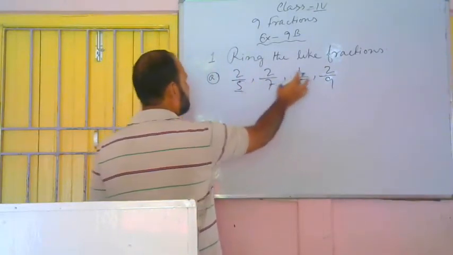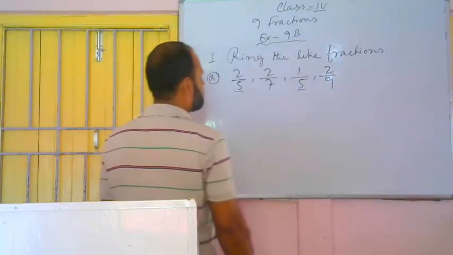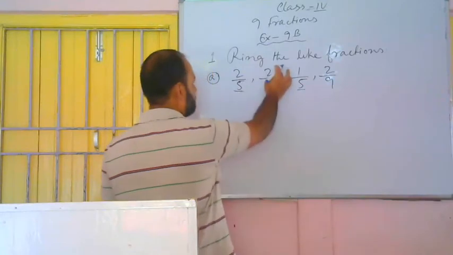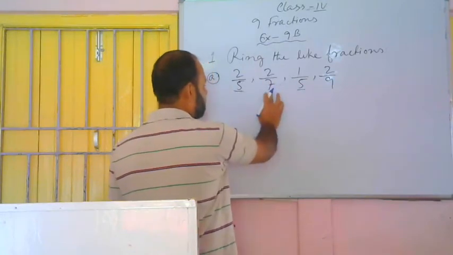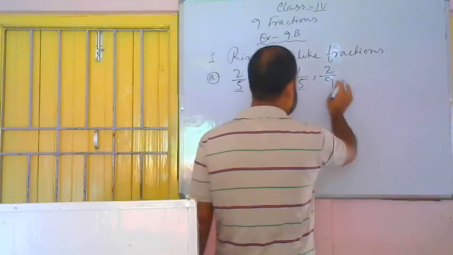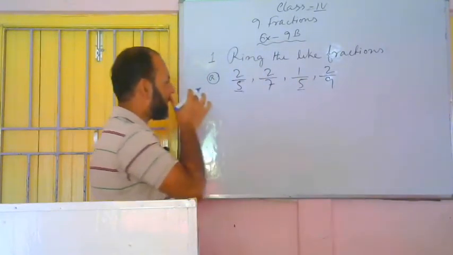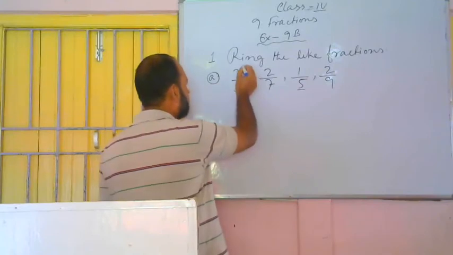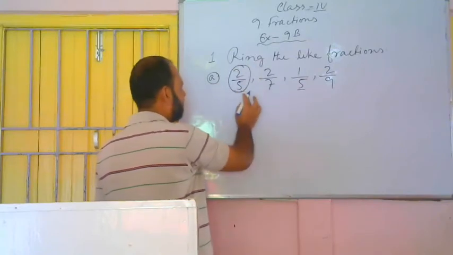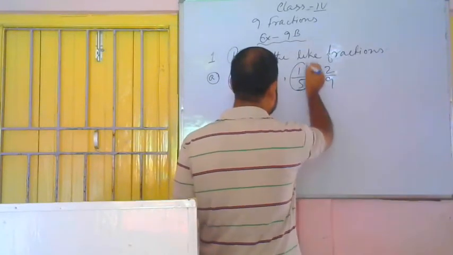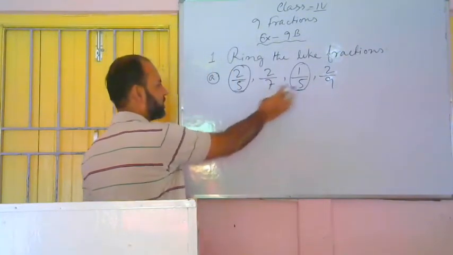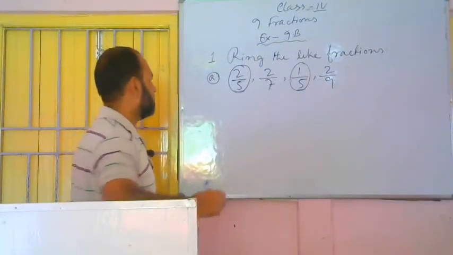So these two fractions are like fractions. Here 2 by 7, the denominator is 7, 2 by 9, the denominator is 9. So these two fractions are unlike fractions. So we ring only these two fractions, 2 by 5 and 1 by 5. These two fractions are like fractions.